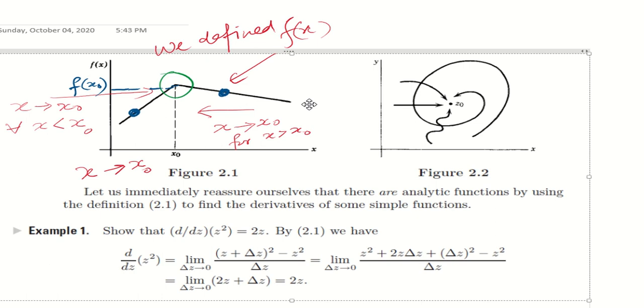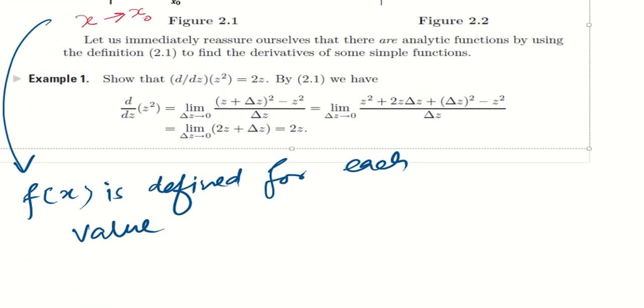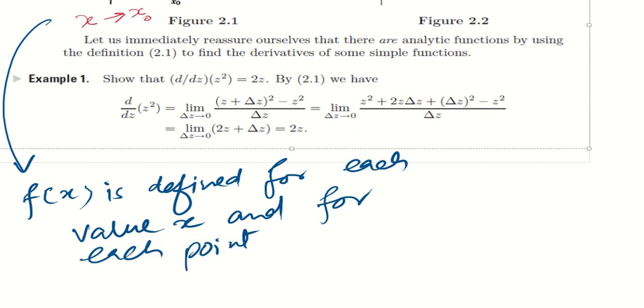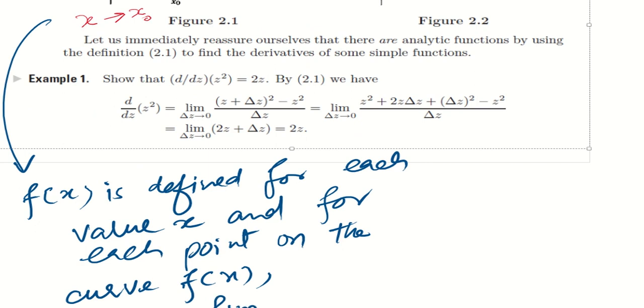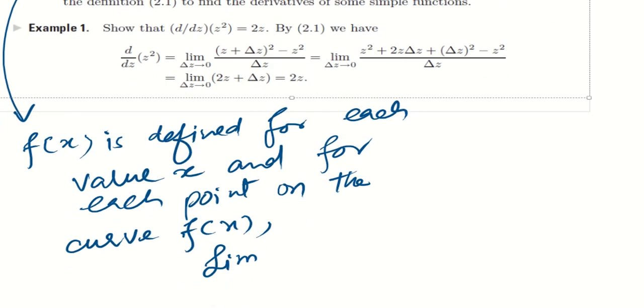We say that f of x is defined for each value of x, and for each point on the curve f of x, the limit as x approaches x naught exists.